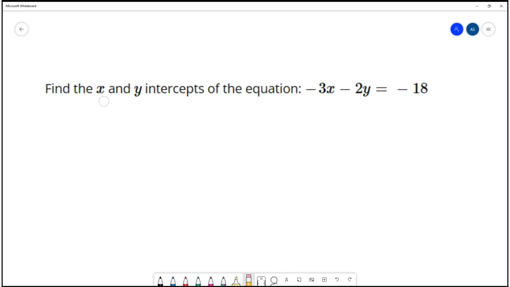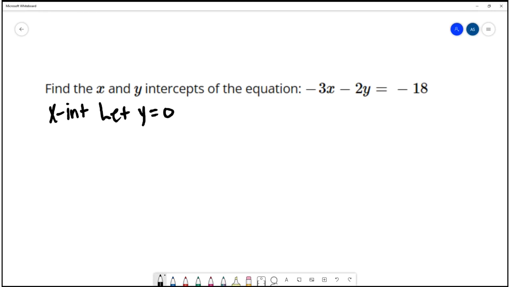In this example, we want to find the x and y-intercepts of the equation negative 3x minus 2y equals negative 18. To find an x-intercept, we want to let y equal 0.